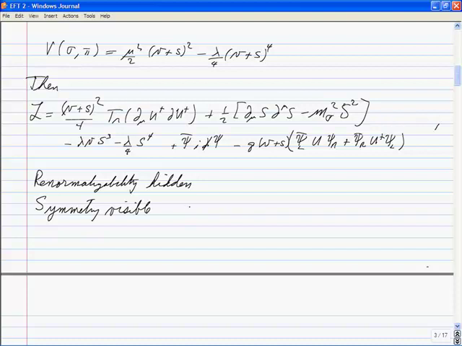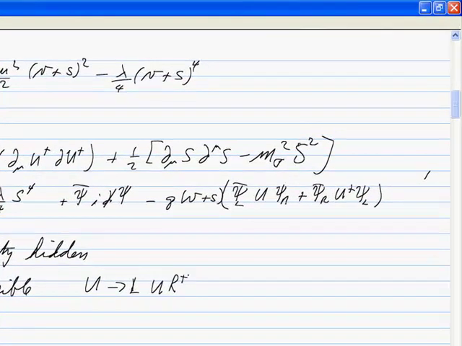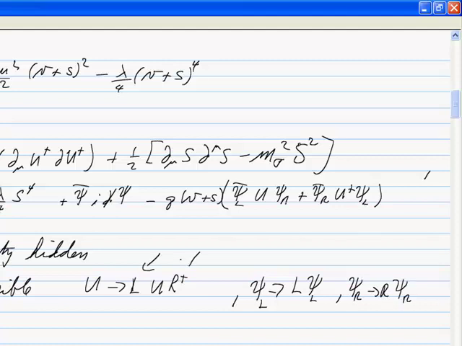Now we have a symmetry that takes U goes to L U R dagger, psi left goes to L psi left, psi right goes to R psi right, where these guys live in SU(2). They're SU(2) matrices. Okay? Then you can just see it. It's just like before. This is invariant. This is invariant, and nothing else depends on those fields.